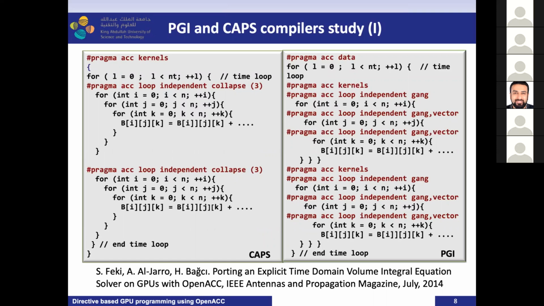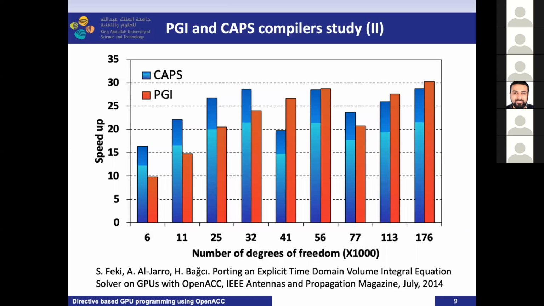That was a nice analysis we did using an electromagnetics code in collaboration with Professor Hakan Bakshi. The results show you get similar performance, more or less, and as you have larger degrees of freedom or larger data sets to crunch, you get better performance acceleration.